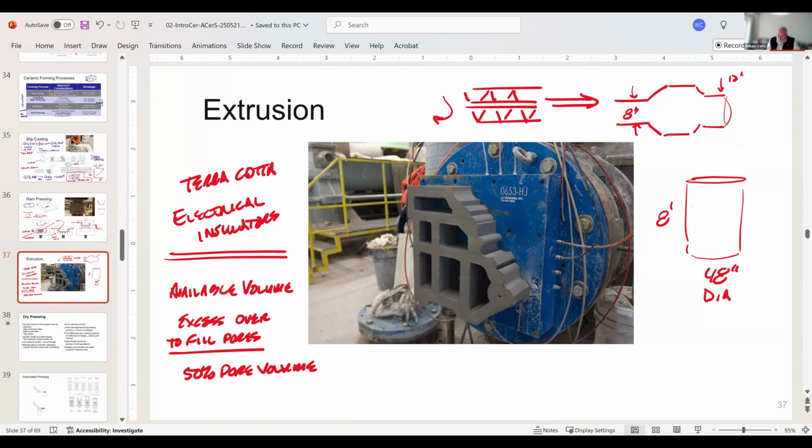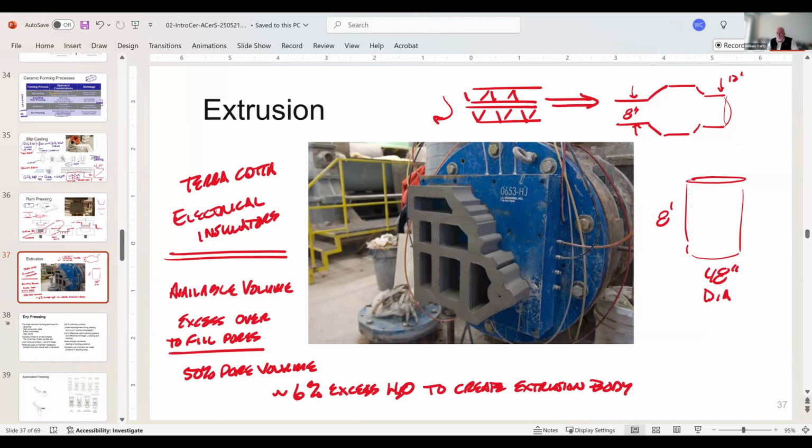We find that we need approximately 6% excess liquid, in this case water, to create extrusion. So this is predictable, if you will, based on powder packing, and you can get to that point.